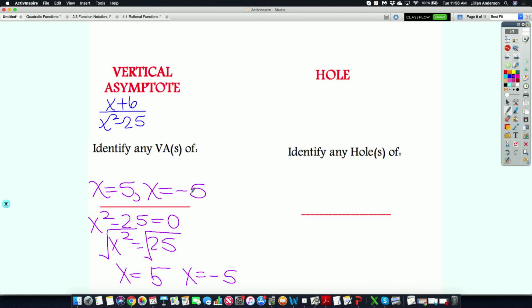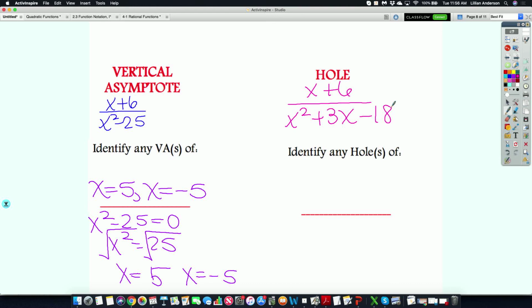Okay? You cannot have a vertical asymptote where you should have a hole. And we're going to talk about that next with this next example. So, any questions up to here? How do I find a hole? Cancel out any factors that are in common. So we have x plus 6 all over x squared plus 3x minus 18.